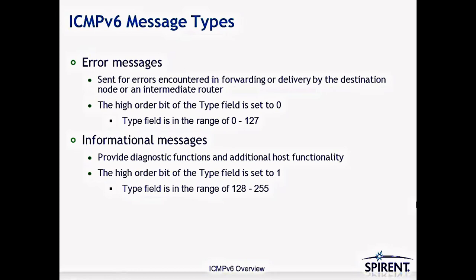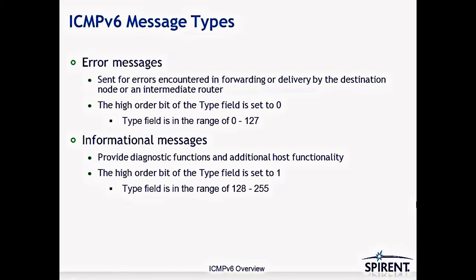The two main message types for ICMPv6 are error messages and informational messages. To distinguish the two, you could look at the high order bit of the type field. If it's set to 0, that means it's an error message. Therefore, the range, which is a 1 byte field, is 0 to 127.